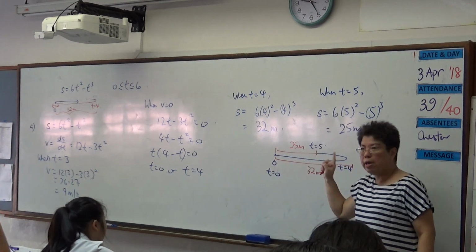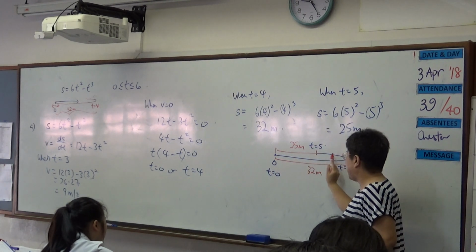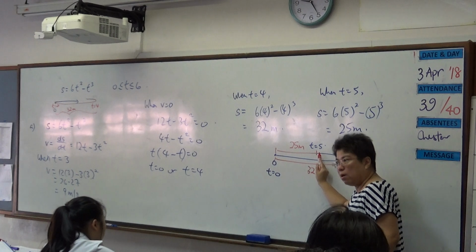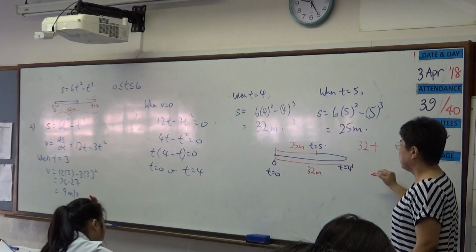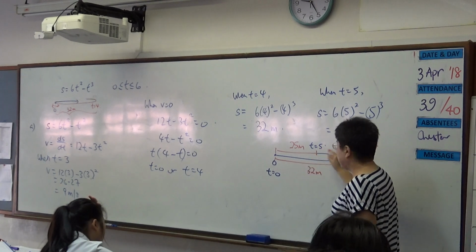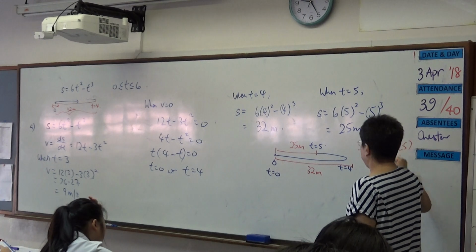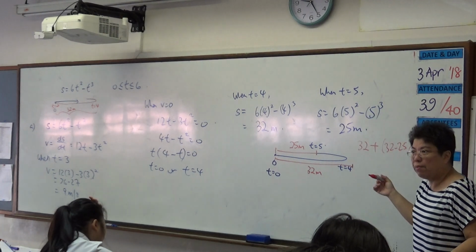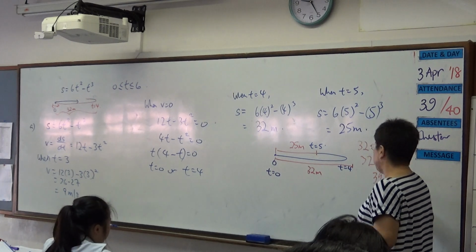Okay, now. Where is the distance travelled? This one plus this part, right? Agree? So it's 32 plus what? Plus 32 minus 25. I need this part only, right? Plus 7. Plus 32 minus 25, that is 7, also can. Do you understand what I'm talking about? So what's 32 plus 7? 39 meters.